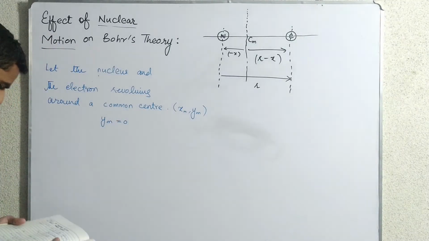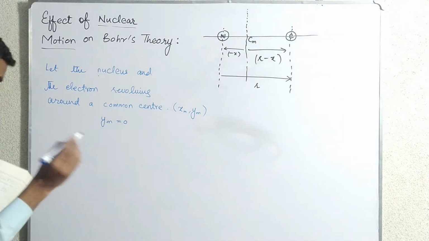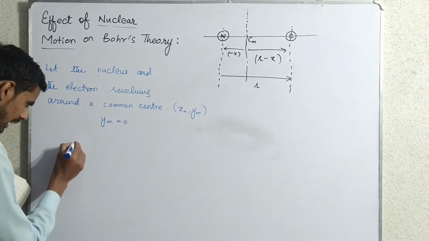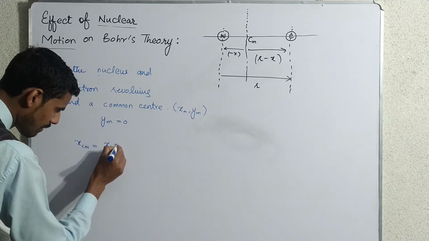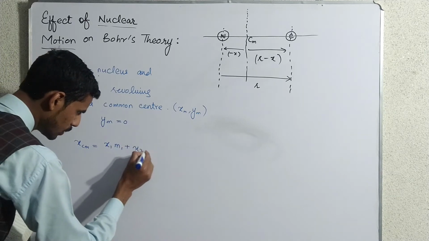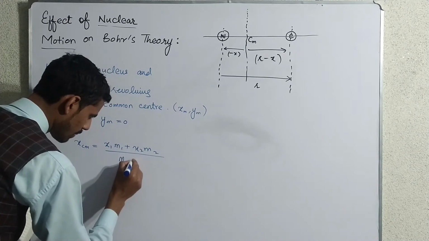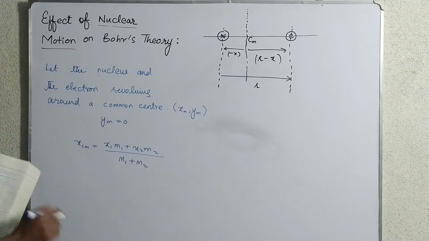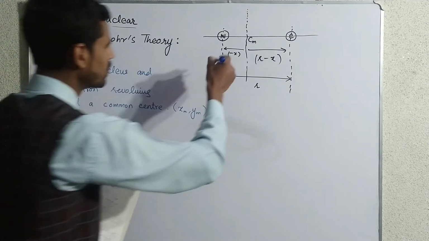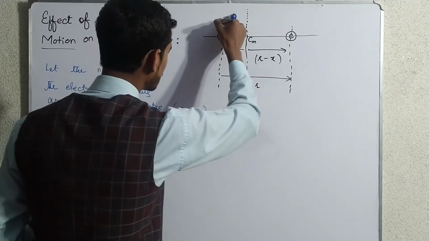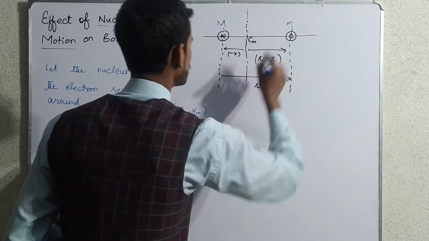Okay, so now for the center of mass, starting from the equation of center of mass, x_cm is equal to (x1 m1 plus x2 m2) divided by the total mass, which is m1 plus m2. According to our case, the mass of the nucleus is equal to capital M and the mass of the electron is equal to small m.